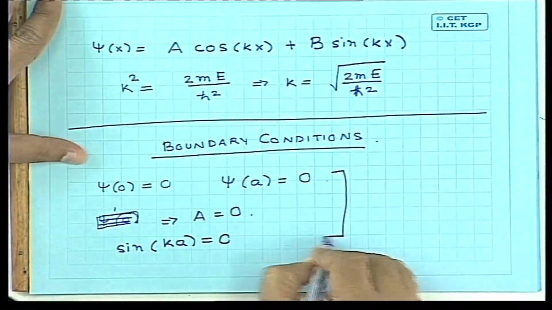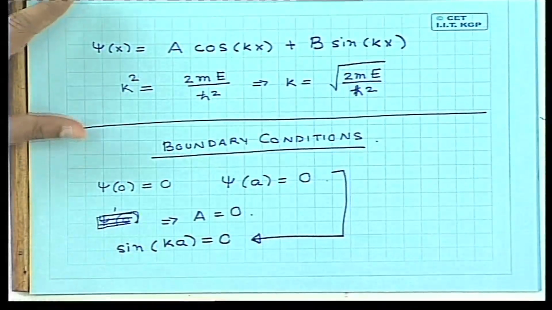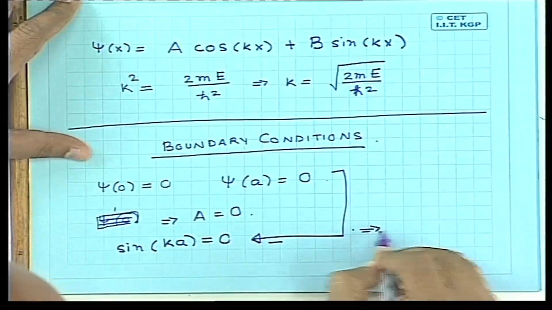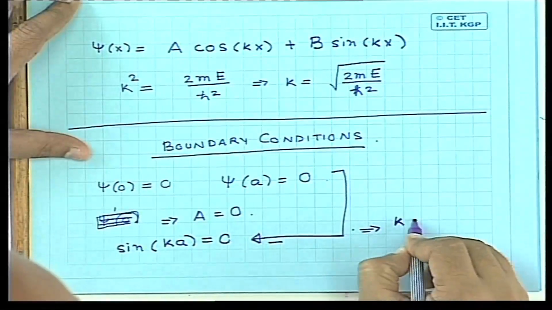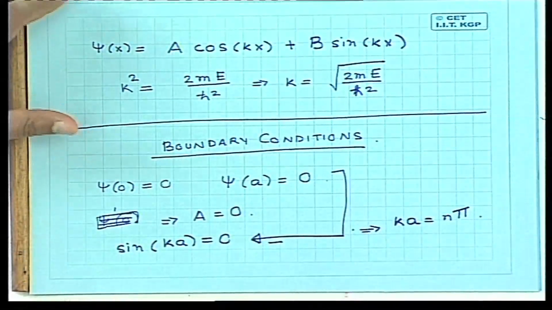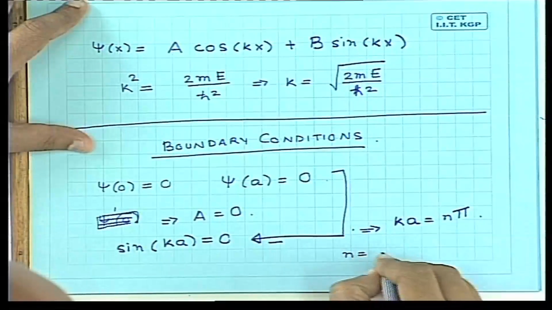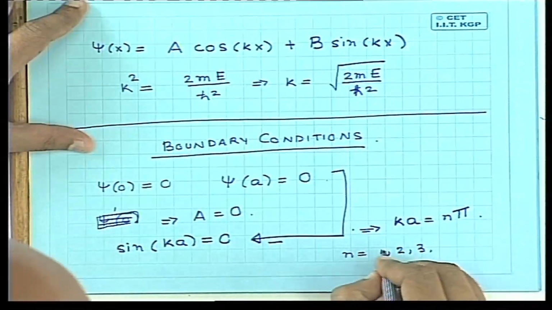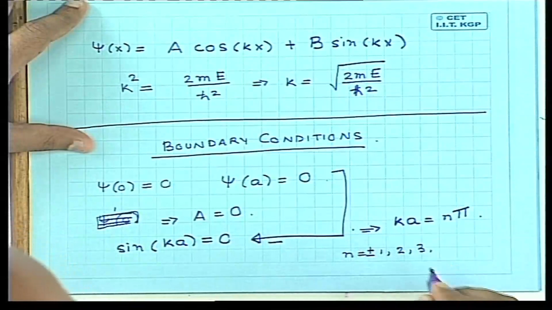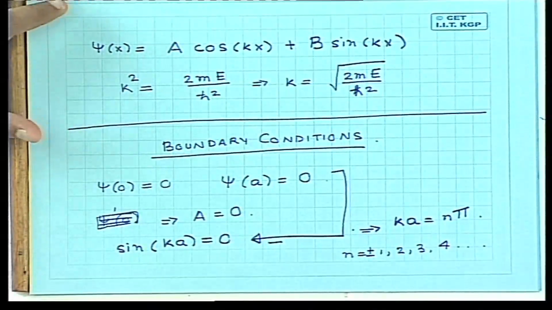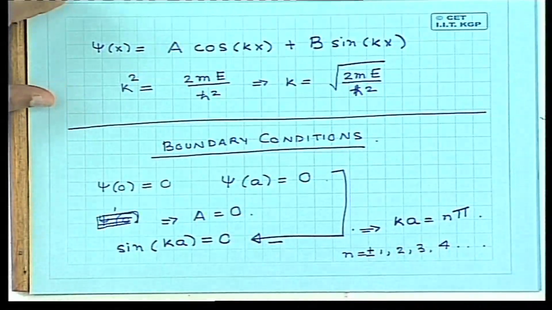This implies that ka is equal to n pi, where n could be 1, 2, 3, plus minus 1, 2, 3, 4, etc. So for any integer value of n, the sine ka will disappear.